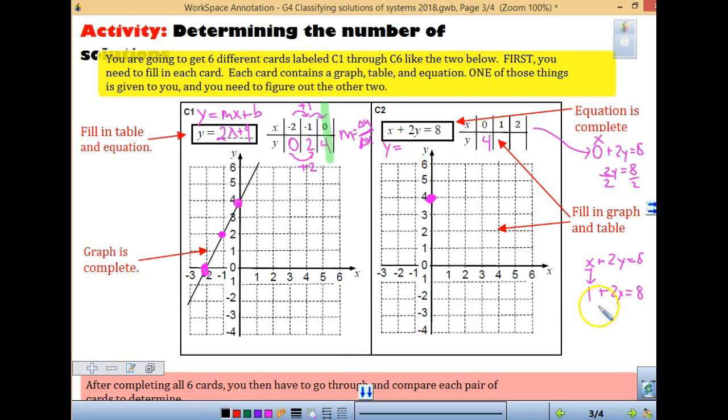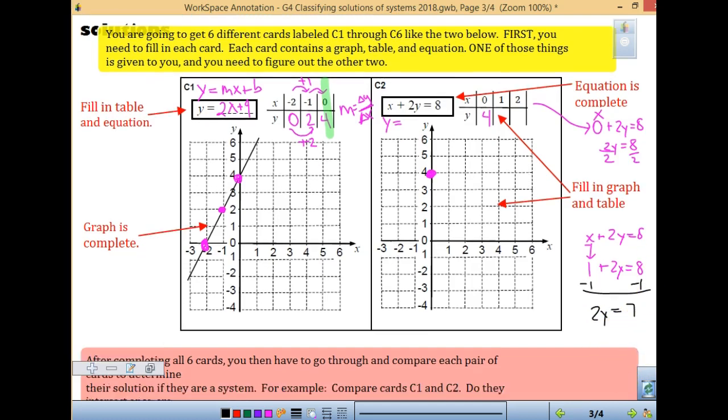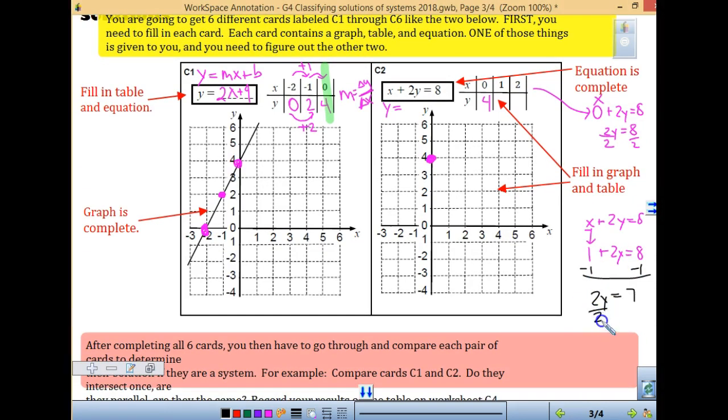I have 2y plus 1. I'm going to subtract 1 first, right? So I get 2y is equal to 7, and I want to solve that. I'm going to divide both sides by 2, Stephen. And 7 divided by 2 is 3.5.